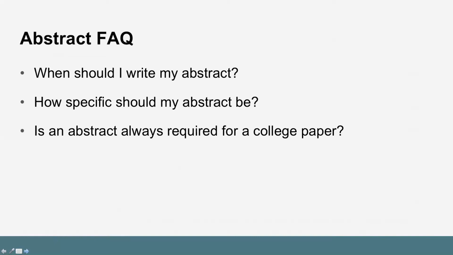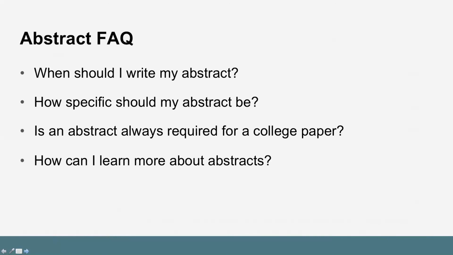However, your professor might not require you to write an abstract, even if you are using APA. So this is where you should just ask your professor what they expect. If they want that abstract, then you know to include it. If they say that they don't want an abstract or that it's optional, then you know that's one less thing that you need to worry about.